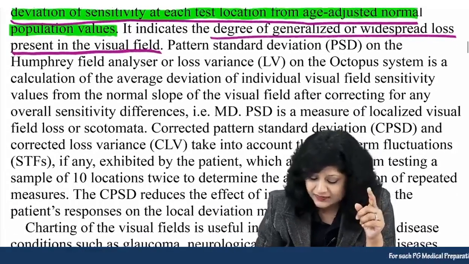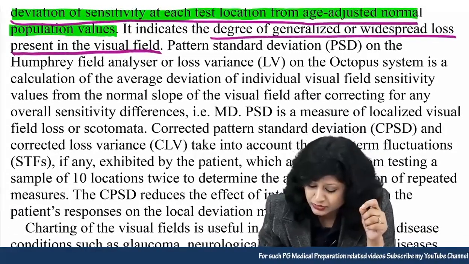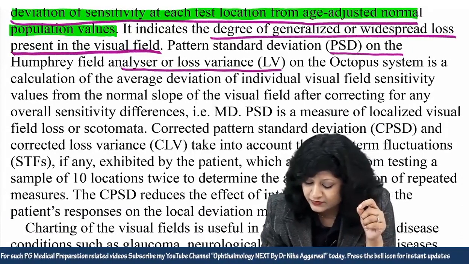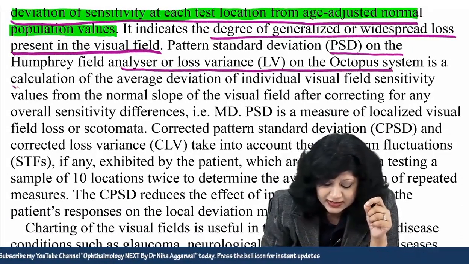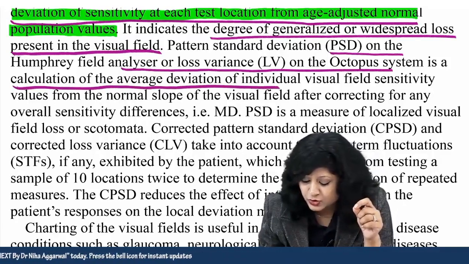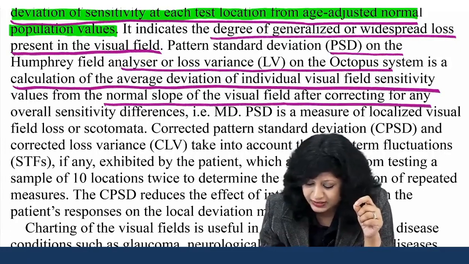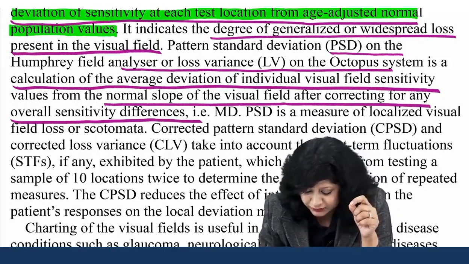The pattern deviation. So if I am talking about the pattern standard deviation on the Humphrey field analyzer or the loss variance on the Octopus, it is the calculation of average deviation of individual visual field sensitivity from the normal slope of the visual field after correcting for any overall sensitivity differences.